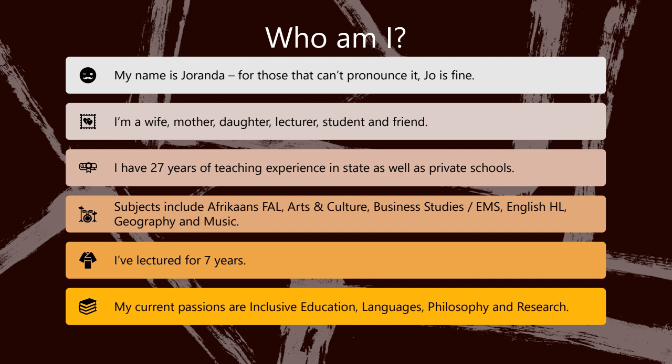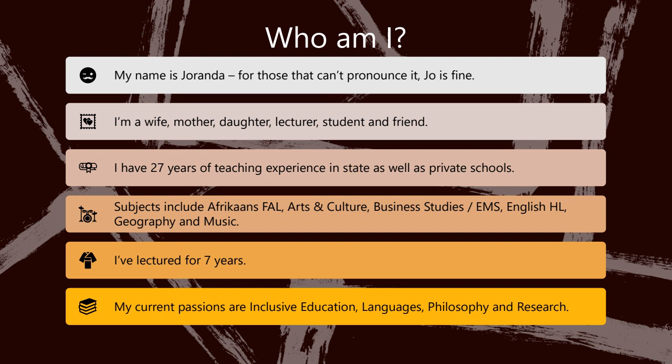What's my experience? I've had 27 years of teaching experience in private schools as well as state schools. The subjects that I normally taught at high school, I no longer teach. I'll tell you guys now what's my master's in.